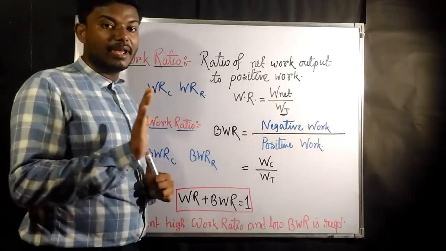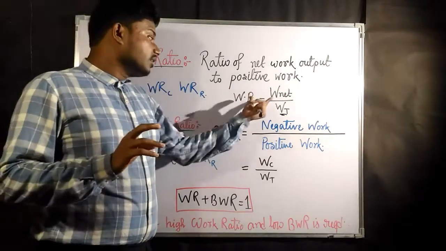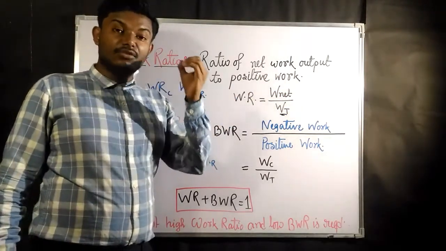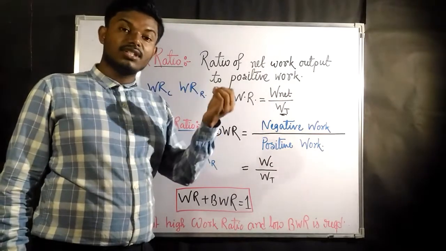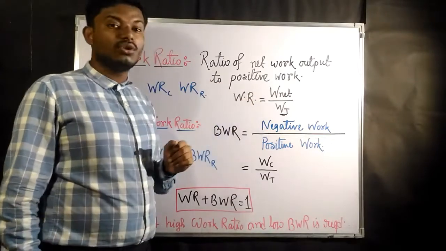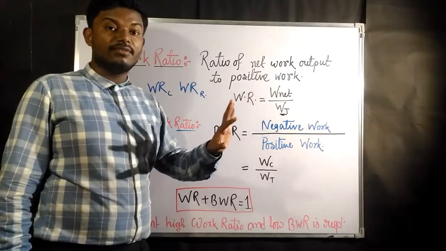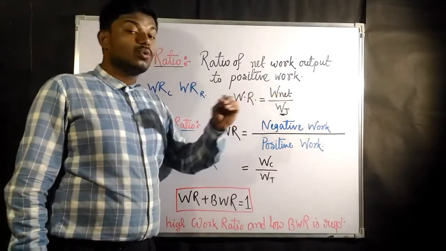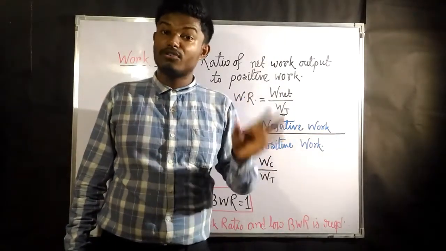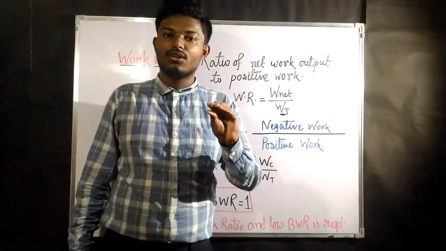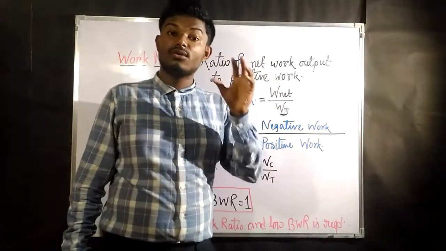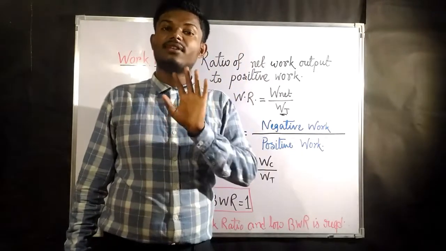Now if you compare the work ratio, for which case is it going to be higher, the Carnot cycle or the Rankine cycle? As we saw in the last board, the work done by the compressor or pump for a Rankine cycle is lesser. That's why we found that W net for the Rankine cycle was higher.